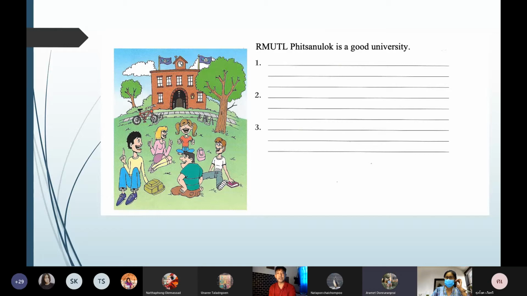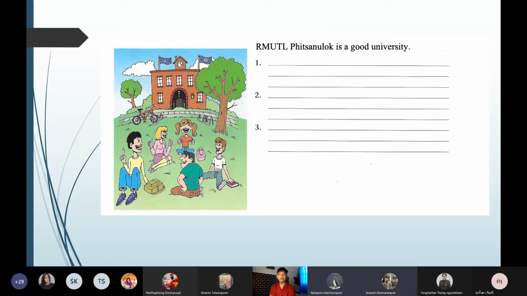Can someone give me a sentence using the idea of clean environment in RMUTL Phitsanulok? When you say clean, you cannot see garbage. You cannot see trash.